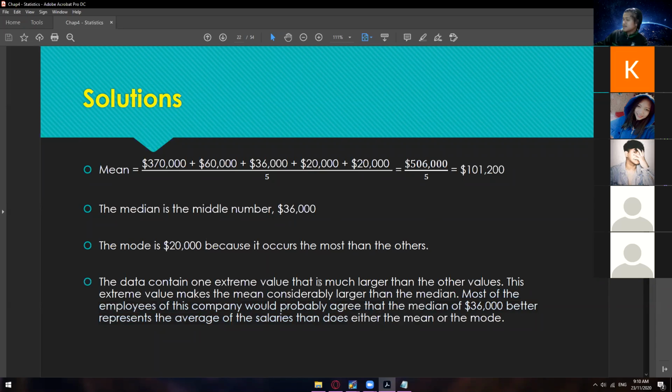Because 101,200 is super big in terms of getting the average, and 20,000 is also super low. So the employees would choose $36,000 as the correct answer in getting the average.